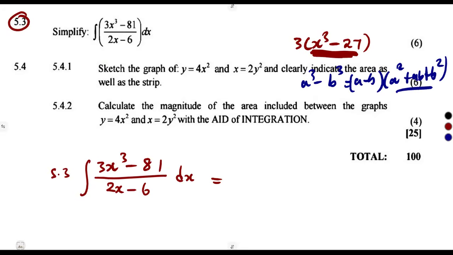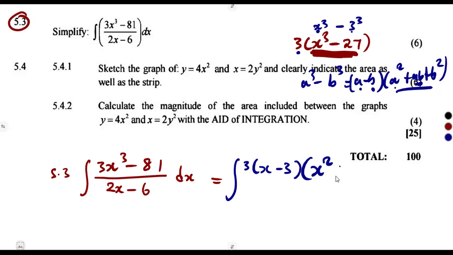So expand, guys, using that application. This will be x cubed minus 3 cubed, so it will be a minus b, which is x minus 3, into a squared, which is x squared, plus ab, which is x times 3, which is 3x, plus b squared. Our b is 3, so 3 squared is 9.